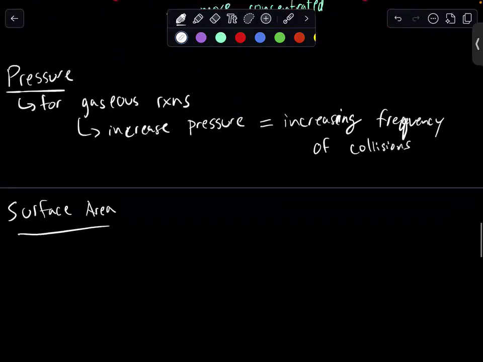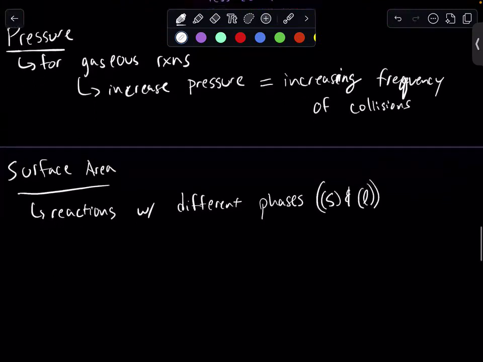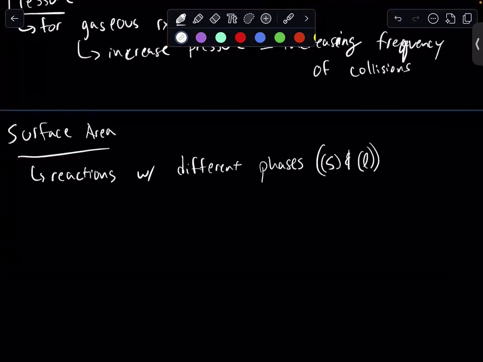this one works for reactions with different phases, like a solid and a liquid. So if you have a reaction with two different phases, like maybe putting an Alka-Seltzer tablet or a fizzy tablet in water, or just dissolving sugar in water, salt in water, generally when you crush it up, you increase the surface area.